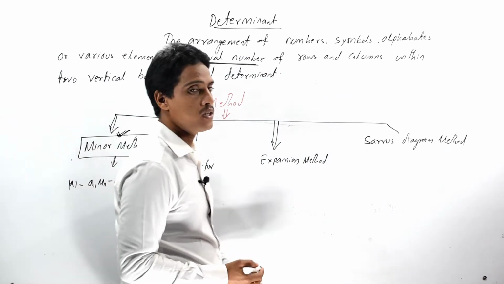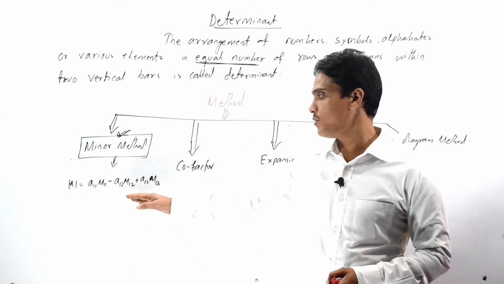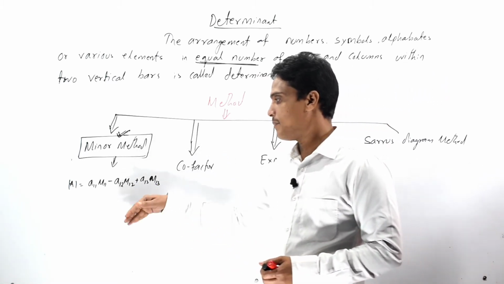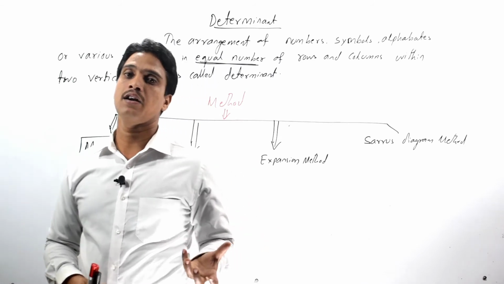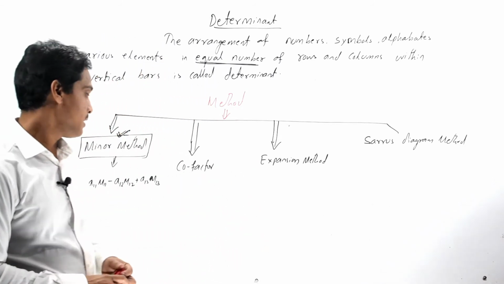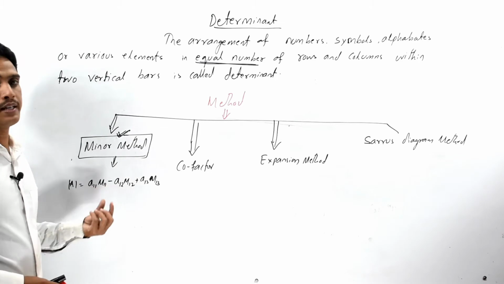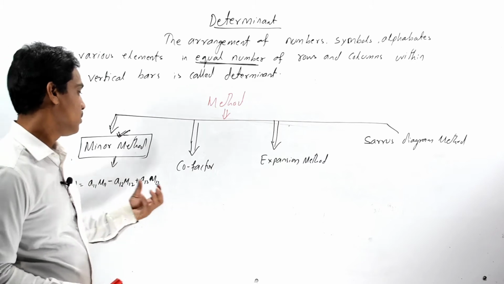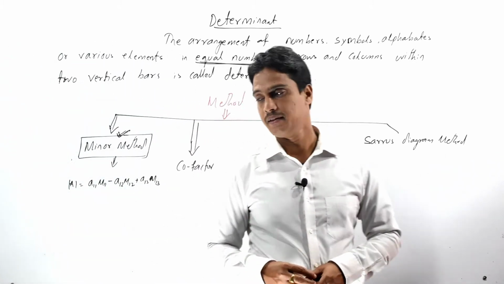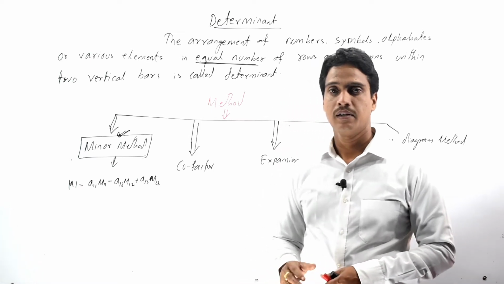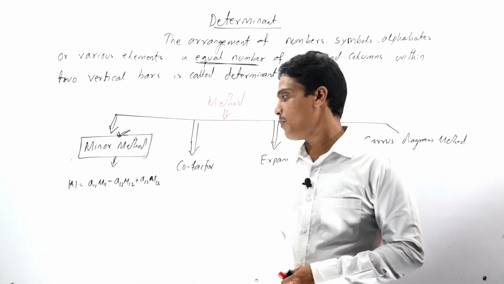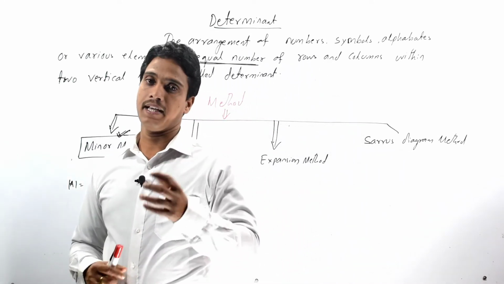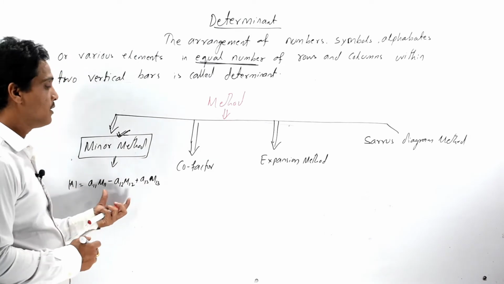Similarly, we can also find the value of the determinant under the minor method by using the second row, third row or any other columns. In that case, we should multiply the elements of any row or column with their respective minor values, and then carry out the algebraic operation using their respective signs in order to find the determinant value.